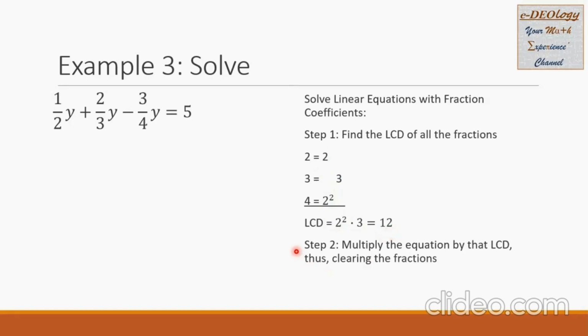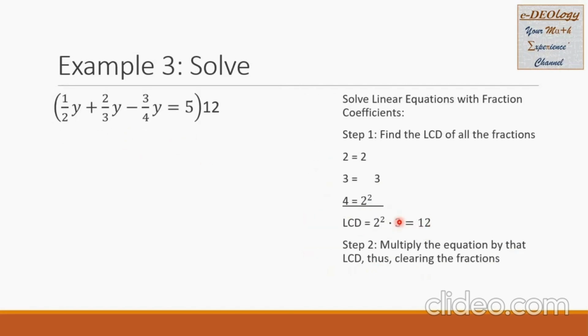Step 2, multiply the equation by the LCD to clear the fractions. So going to our problem here, I'm going to multiply this number 12, the LCD, to this problem. So what will happen is, the number 12 will be distributed to each term of our equation.